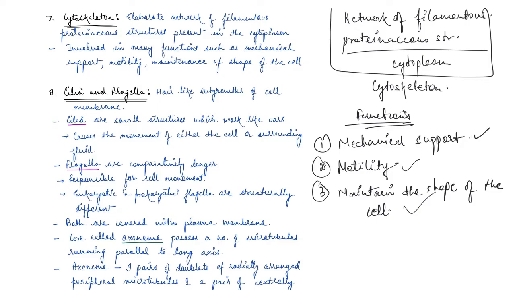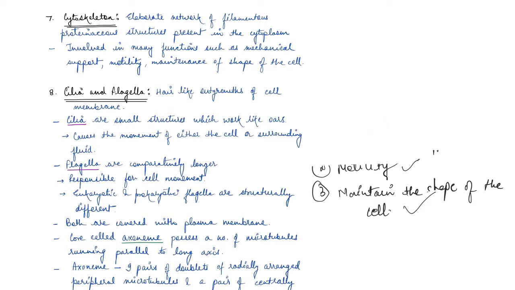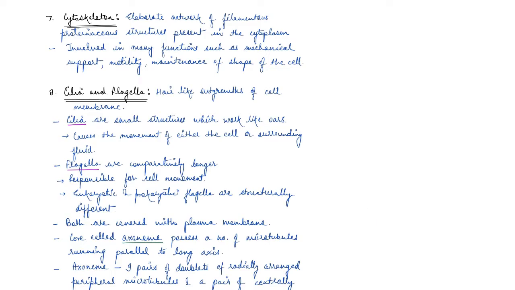Now, what are cilia and flagella then? So cilia and flagella are some hair-like outgrowths of the cell membrane.